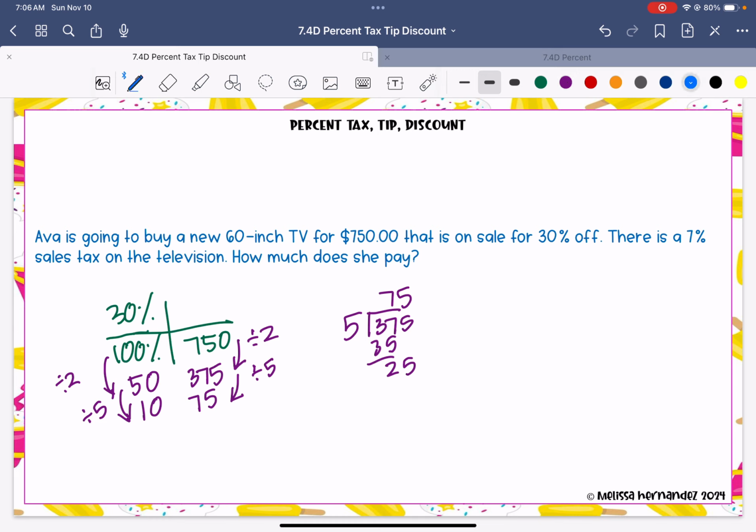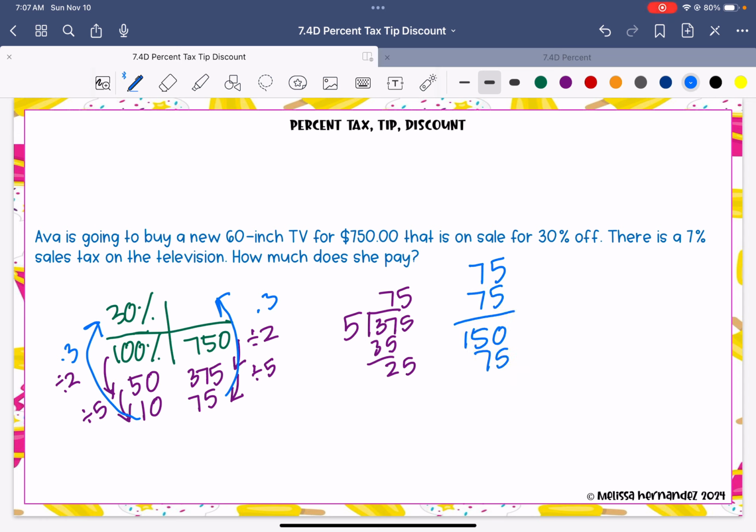Or I can go, hey, you're only simplifying to get a relationship. That's it. 10 times 3 gives you 30. So whatever you do to the left, you're going to do to the right. So it winds up being 75 times 3, or add up 75 3 times.